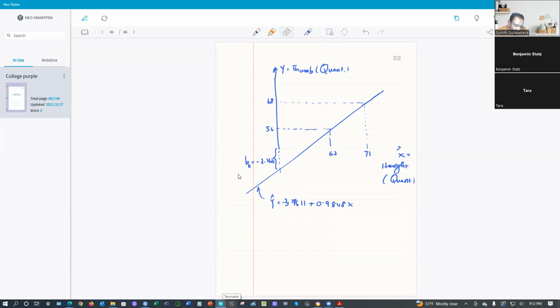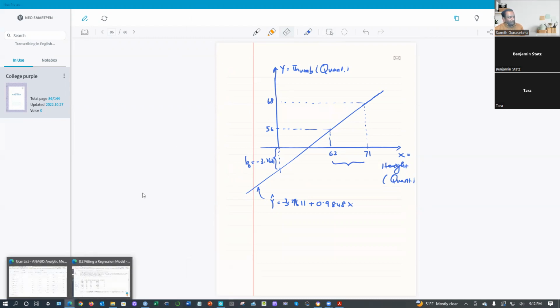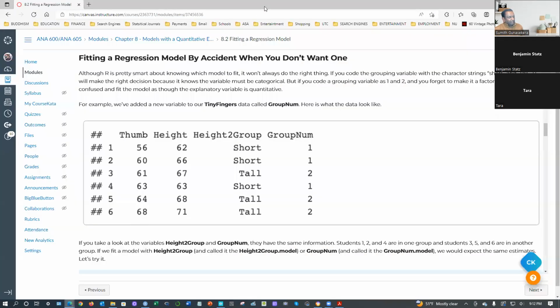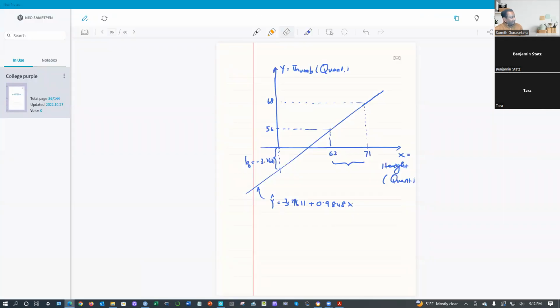So our range here, anything in this range, what are the other values? Okay, let's locate other values of height, mainly height, not thumb length. What's the next one? 63.